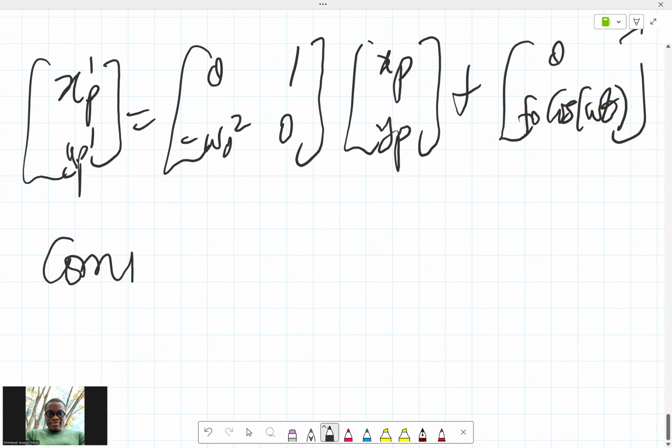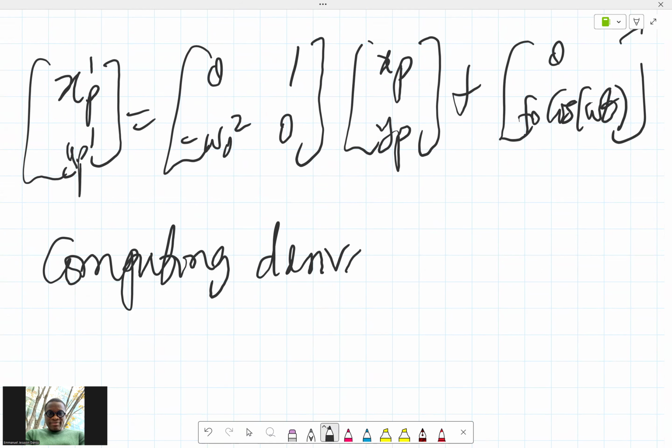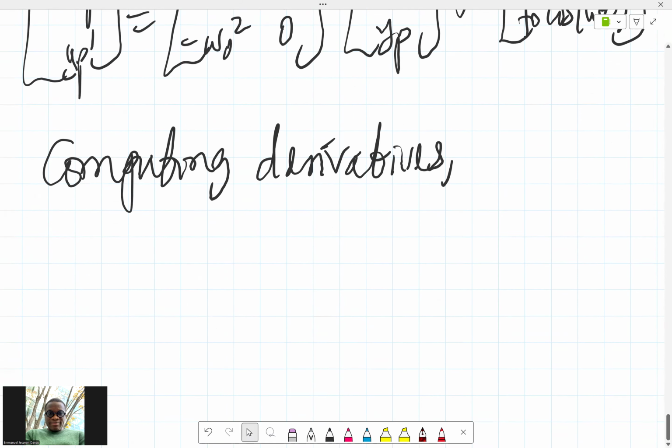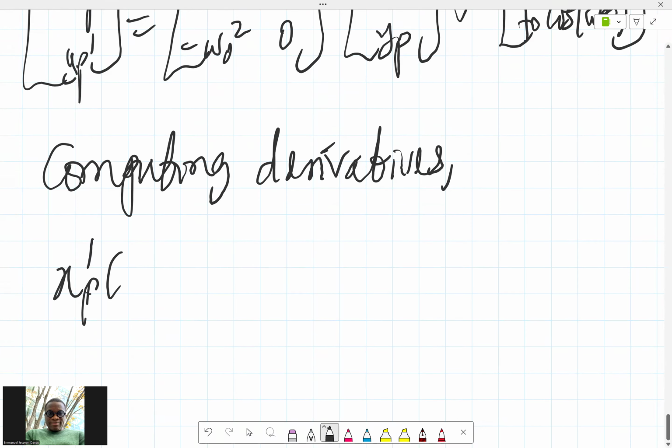Computing derivatives, we have up to just one derivative, interestingly. So computing derivatives now, we get xp prime of t.